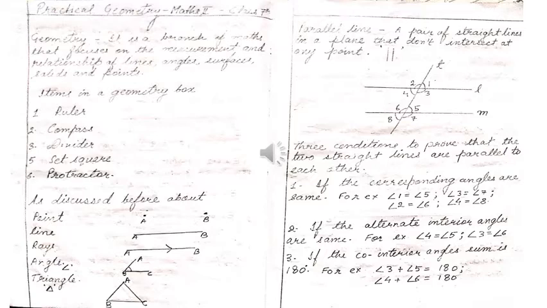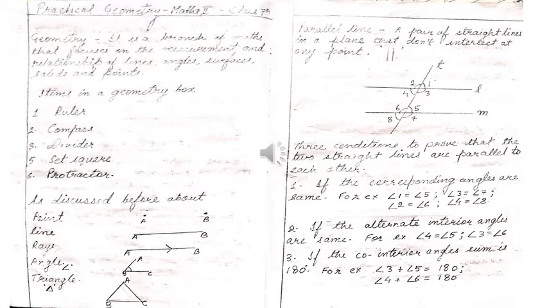Now, as discussed before, point, line, rays, angle, triangle, we have already studied these parts in lines and angles, and the triangle is a separate chapter. So what is a point? It is a location which does not have a definite length.